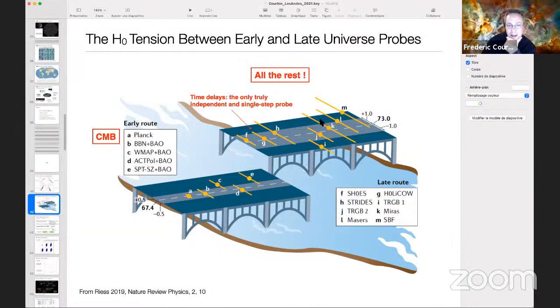Mira stars can be used as standard candles as well. Tip of the red giant branch here. And here you have the Cepheid program, and that's the tip of the red giant branch program of Carnegie. So it's true that all these methods kind of rely on each other somehow.